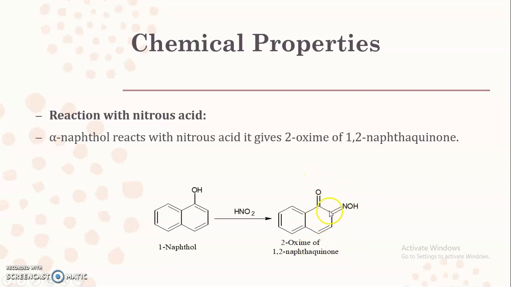That's why first 1,2-naphthaquinone is generated, which is then converted into the 2-oxime of 1,2-naphthaquinone, that is, the second oxygen is converted into the oxime. That's why it is written as 2-oxime of 1,2-naphthaquinone. So this is the first chemical property of alpha-naphthol: when it is reacted with nitrous acid, it gives the 2-oxime of 1,2-naphthaquinone.